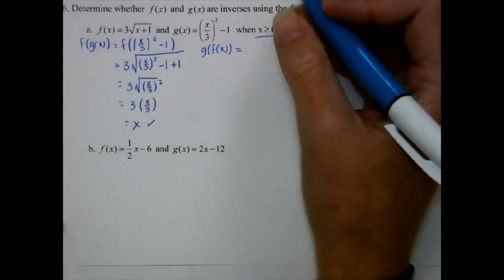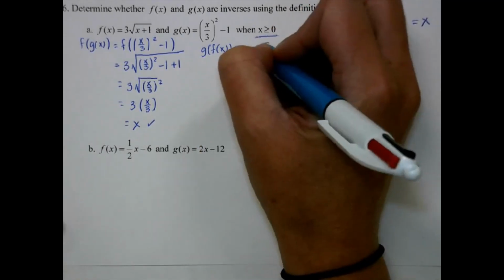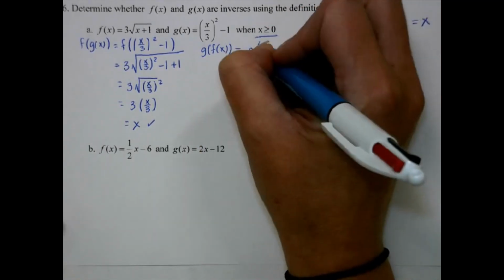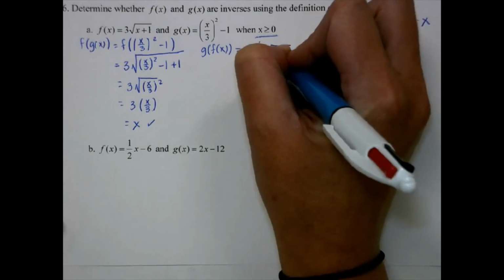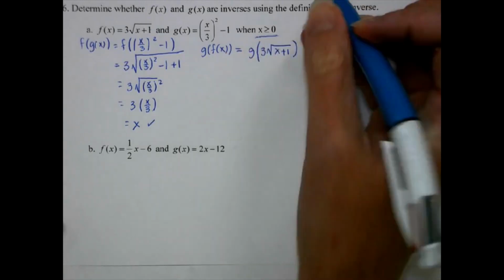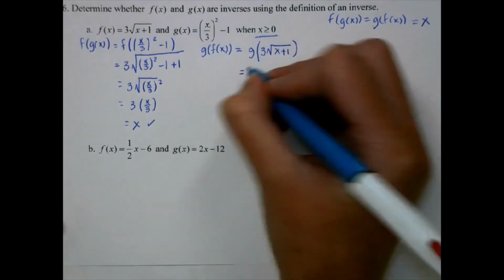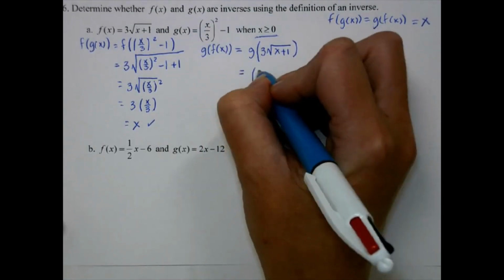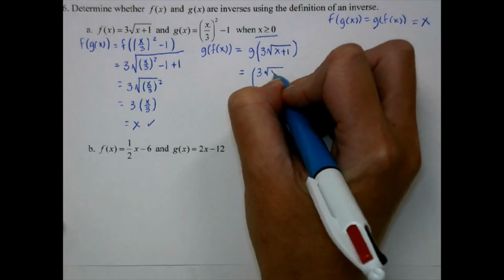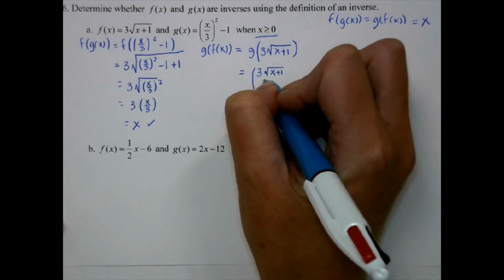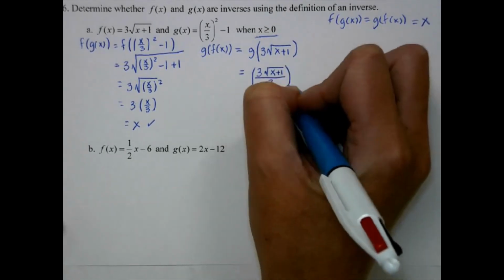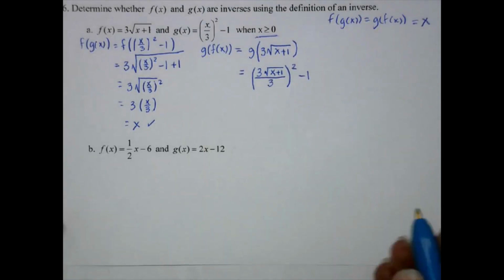So g of f of x is 3 root x plus 1. And we're going to take this and plug it in for this x. So 3 root x plus 1 over 3 squared minus 1. Okay, the 3's are going to cancel.